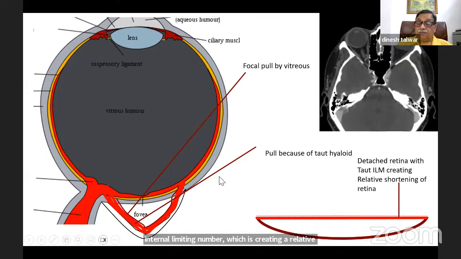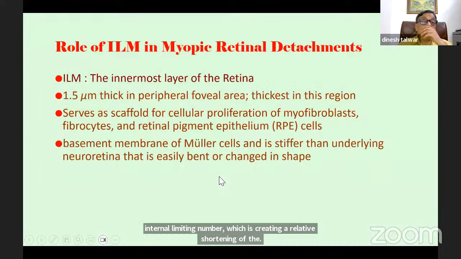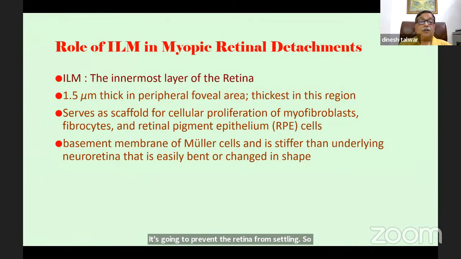It's going to prevent the retina from settling. This ILM, which is the innermost layer of the retina, is 1.5 micrometers thick in the peripheral foveal retina, thickest in this region. And not only will this cause the retina to not settle, it also serves as a scaffold for cellular proliferation of myofibroblasts, fibrocytes, and RPE cells.